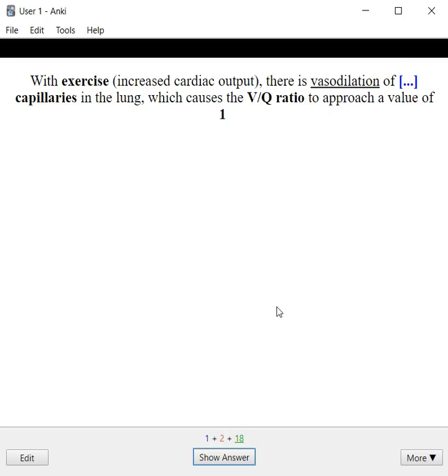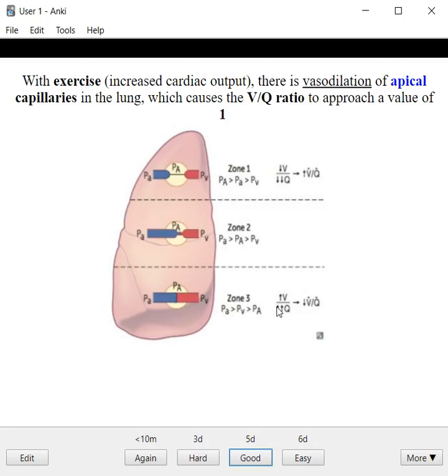Blank capillaries in the lung, which causes the VQ ratio to approach a value of 1. We're talking about apical capillaries. I'll read that again. With exercise, there is vasodilation of apical capillaries in the lung, which causes the VQ ratio to approach a value of 1.